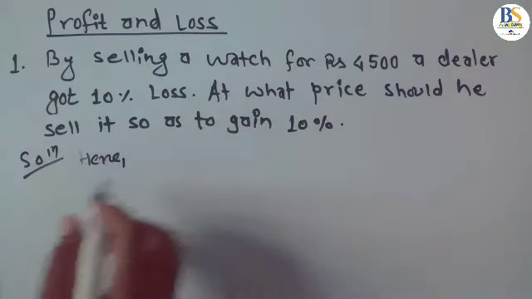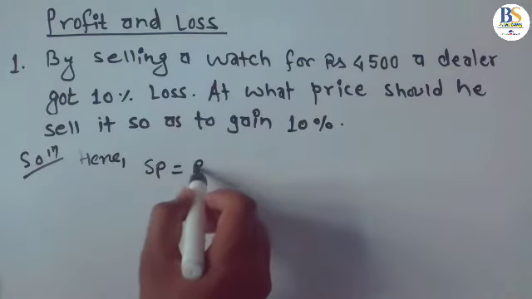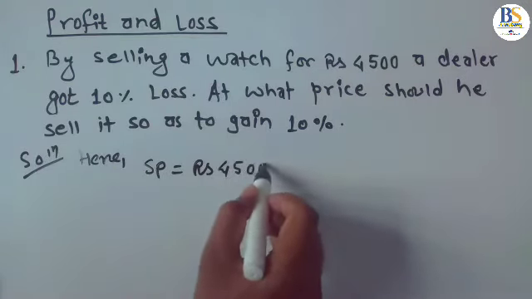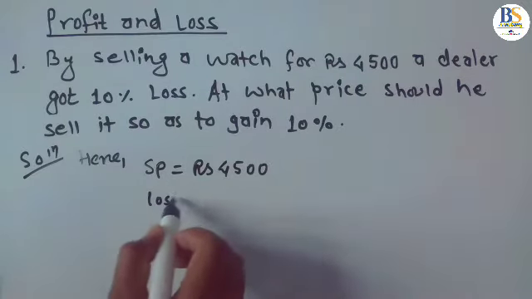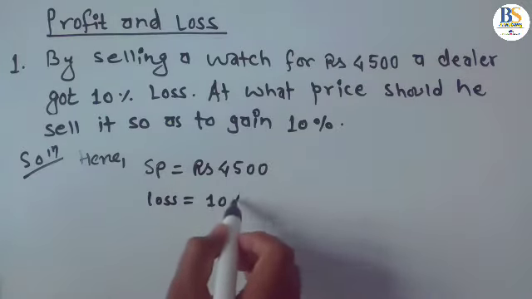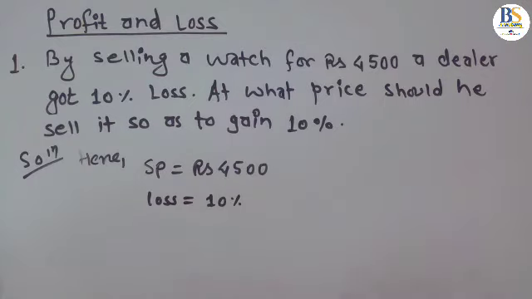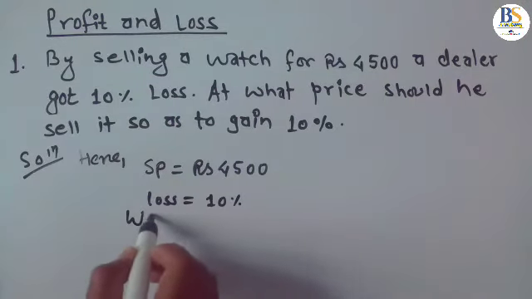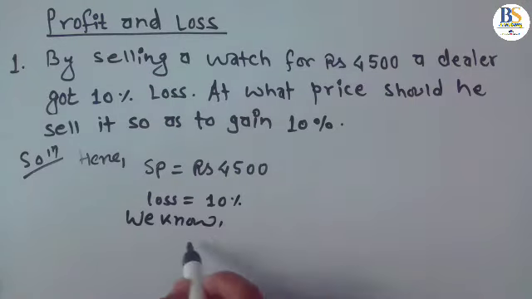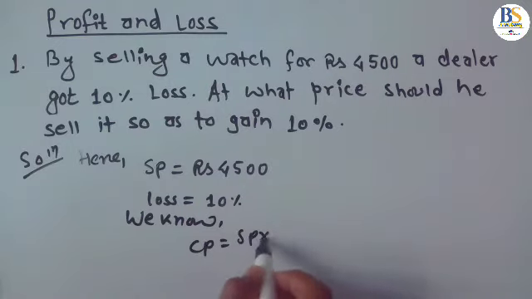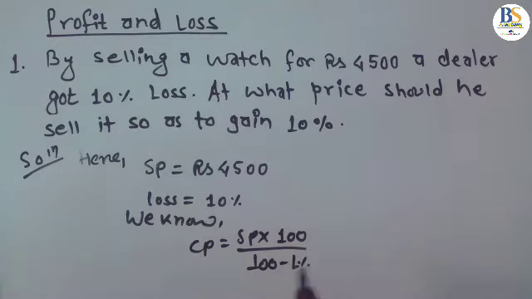Here, SP equals Rs 4,500. Loss percent is 10%. SP and loss percent is given, means we can find CP. We know CP equals SP times 100 upon 100 minus loss percent.